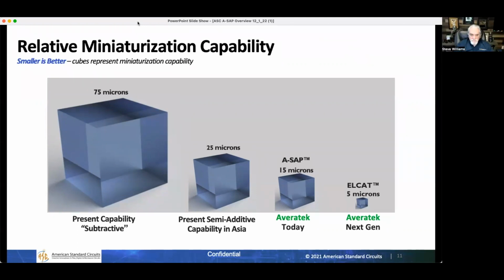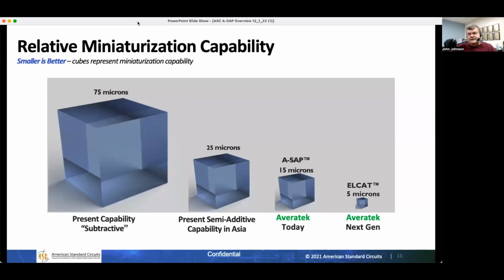The slide you've got up here is showing what happens when you can get down with this technology. Present subtractive technology really is around 75 microns, 3 mil lines and space. As we mentioned earlier, some folks can get down to 2 and 2, but it isn't without some challenge and yield penalty. This technology allows us to get to 25 microns, which indeed is the present semi-additive capability in Asia.